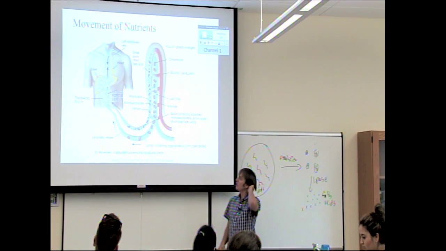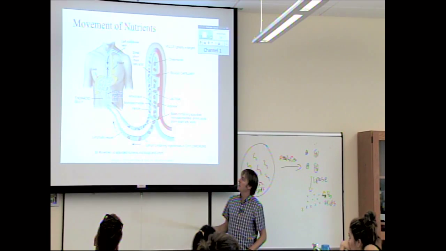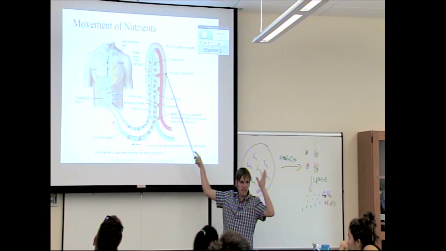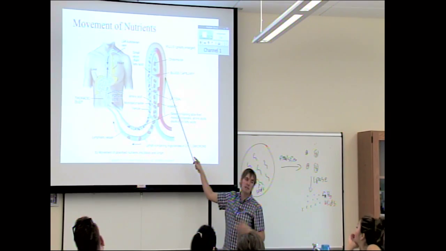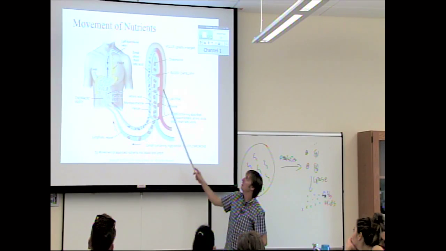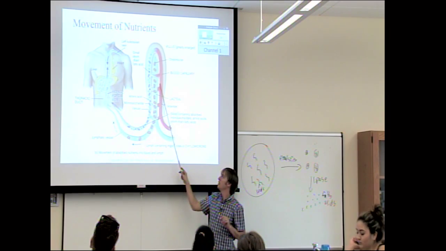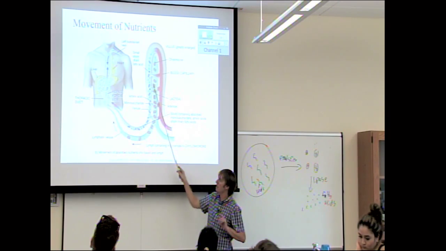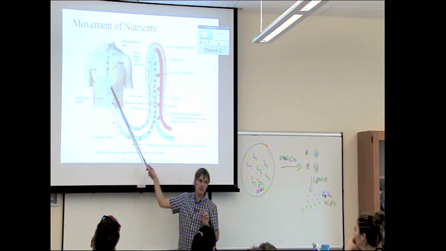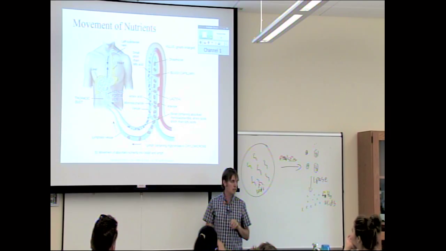All right, and one interesting fact that people may not know is, here's the intestine, with the villi sticking up in the small intestine. It's the same for the large intestine too. So blood's coming in and picking up all of the nutrients. And then from there, it goes through the hepatic portal vein to the liver. So your liver is the first organ that sees all the nutrients you absorbed.